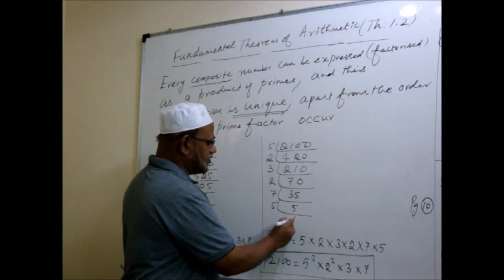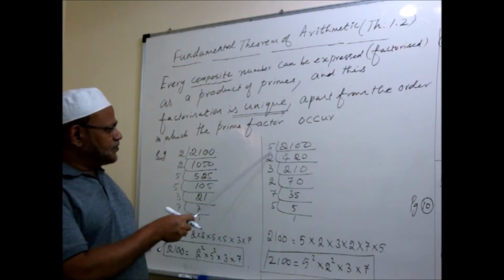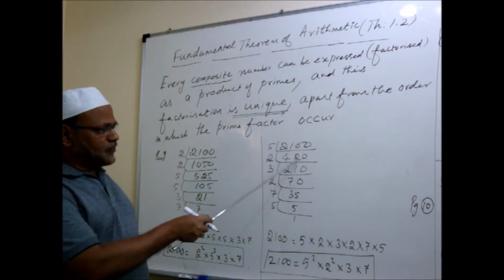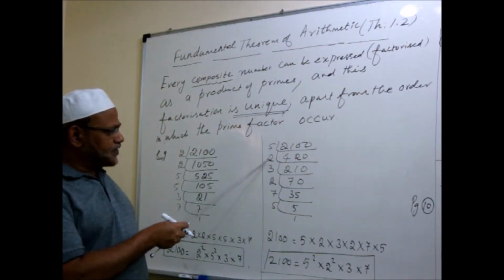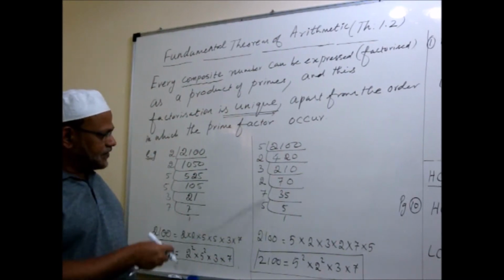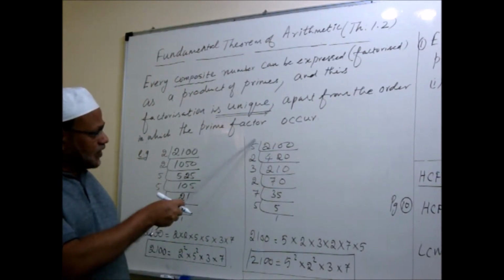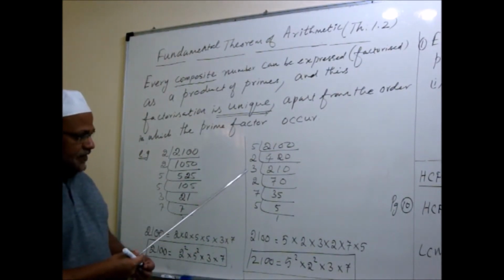Let us see this example. This is 2100. I divide by 5, I got 420. Again dividing by 2, by 3, by 2, by 7, by 5. When I divide by all these, finally the number becomes 1, means I am only using prime numbers for dividing.